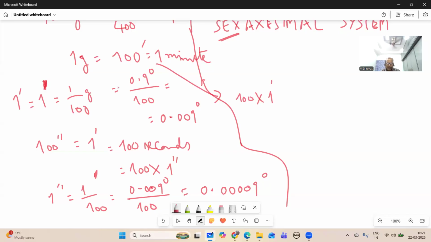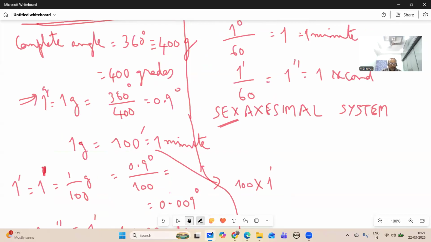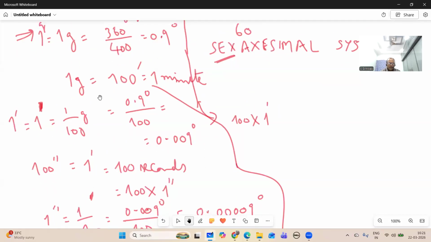So this way of measuring angles is called centesimal, because here one grade is divided into 100 equal parts. The 100th part of a grade is defined to be 1 minute, and 1 minute is further subdivided into 100 seconds.